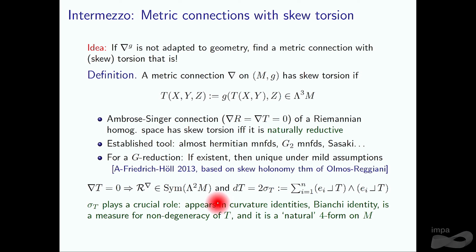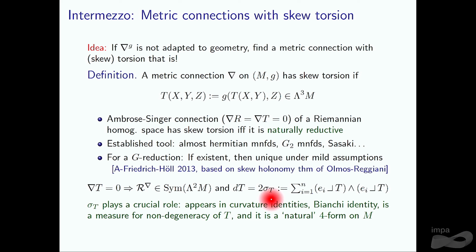And moreover, the differential dT is given in an algebraic way out of the torsion. So it's this quadratic expression: you take the sum over an orthonormal basis e_i, take the inner product with T, wedge it with itself, sum over your basis, and this is what I call sigma T. Now, there's a different definition of sigma T which does not use an orthonormal basis, but that we don't need.